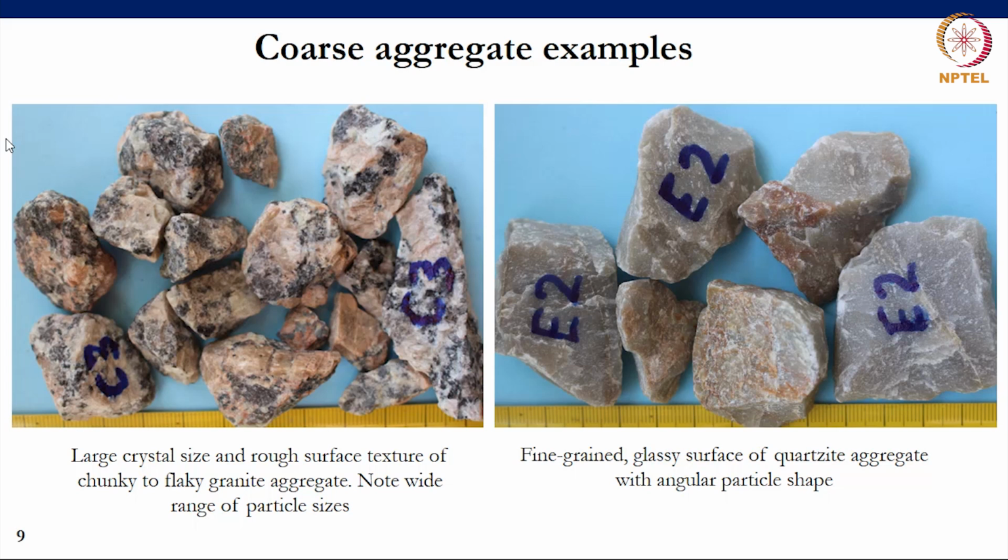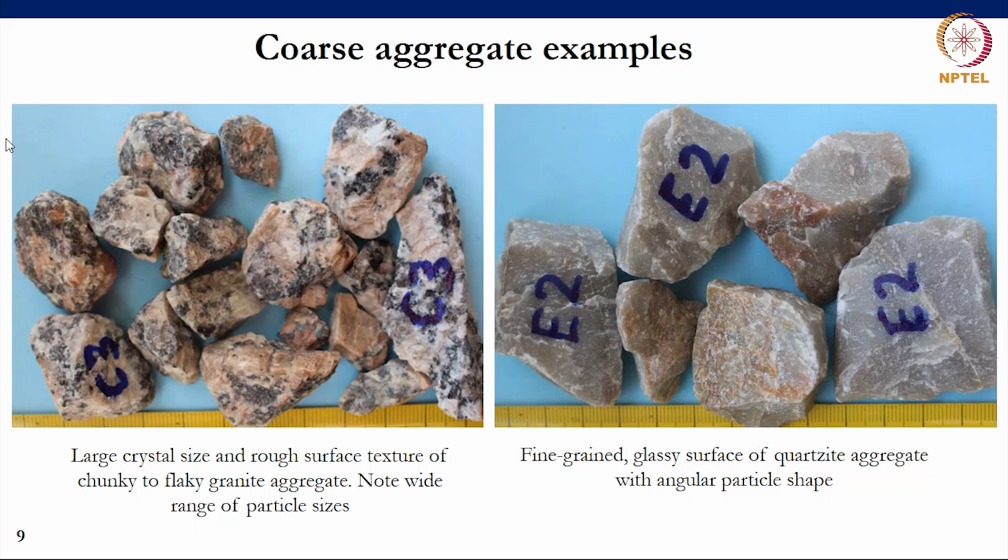I'm going to show you a few examples of texture. Here I'm trying to illustrate the effects of surface texture. On the left are fairly large crystal sizes in granite aggregate. The aggregate shape is chunky with some flaky particles, particularly in the smaller sizes.